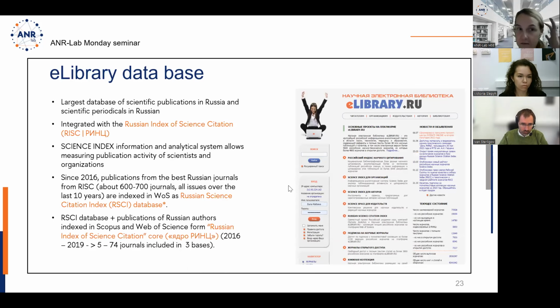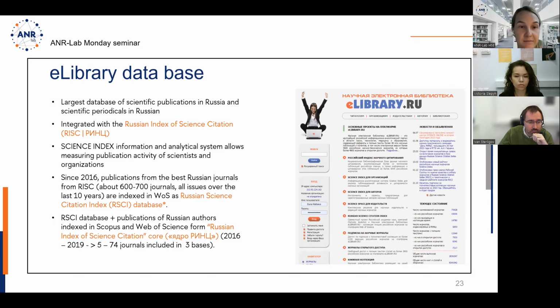And talking a bit more about eLibrary, as I said, it is integrated with the Russian Index of Science Citation. This is called Российский индекс научного цитирования, it would be RINS.